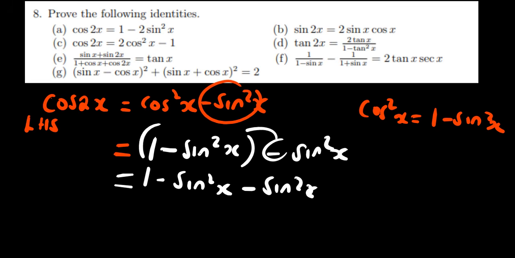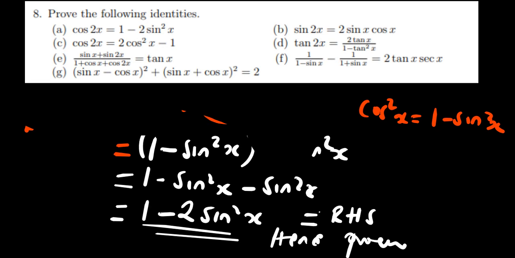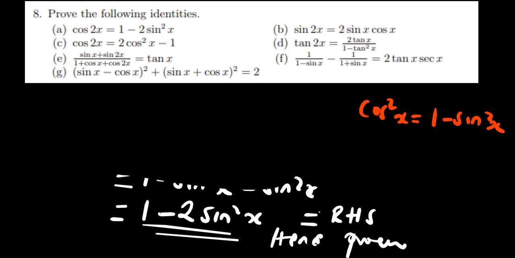Don't multiply this, because there's nothing like multiplication. We're just adding these things. So what are we now going to have? We've got 1 negative sine squared minus sine squared. So these ones are just going to give us negative 2 sine squared x, which is equal to the right hand side, hence proven. Okay, so this is very straightforward and very on point. Then let's solve another one. Let's solve b.